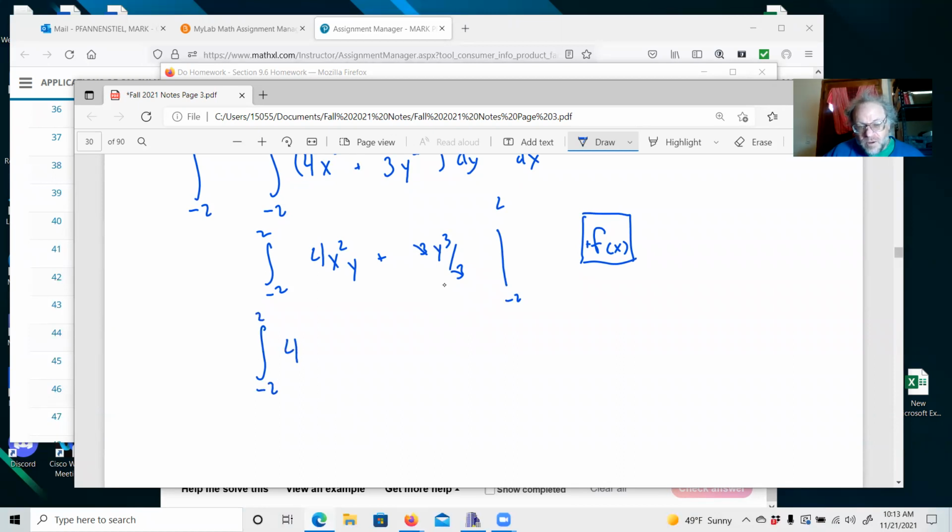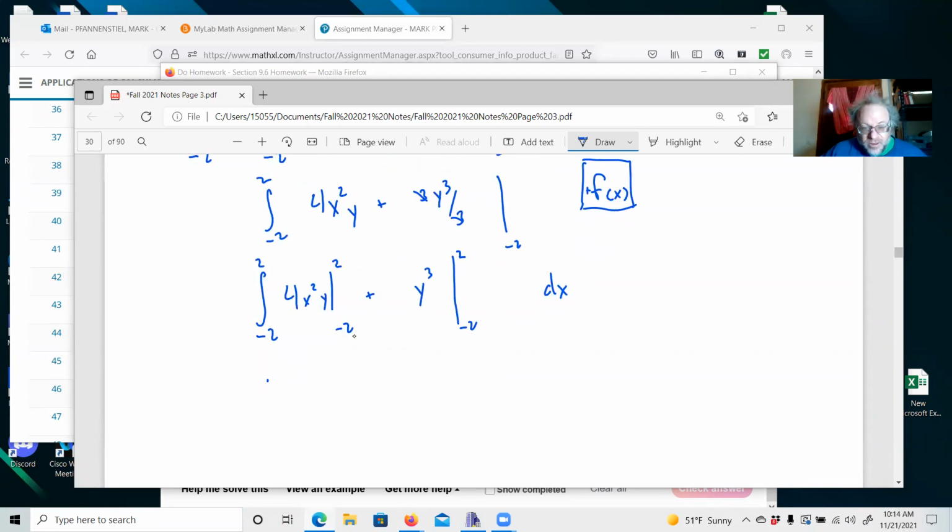So we have 4x squared, and we're going from -2 to 2 with a y, plus y cubed from -2 to 2. This is where it gets hard for me, though. So 4x squared, we have 2 minus a -2 for my y's, plus we have 2 cubed minus -2 cubed.